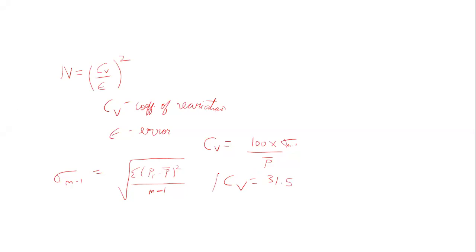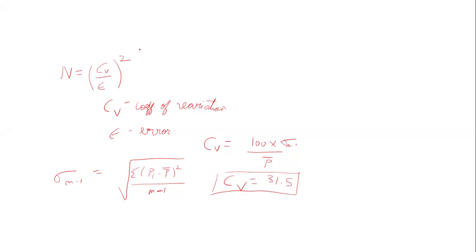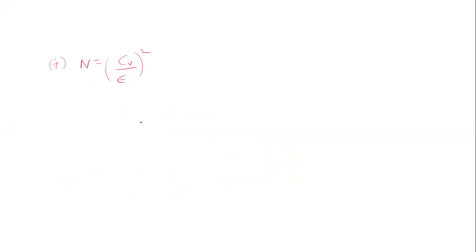In the first part of the question, we have been asked to determine standard error. We'll again write down this formula, N is equal to (CV upon error) whole square, wherein CV we have already computed as 31.5. N we already have as 6.